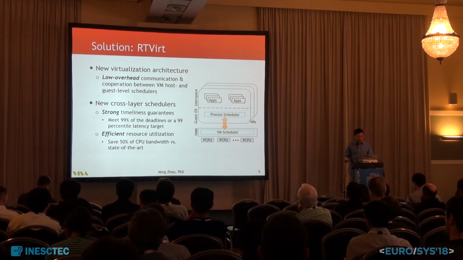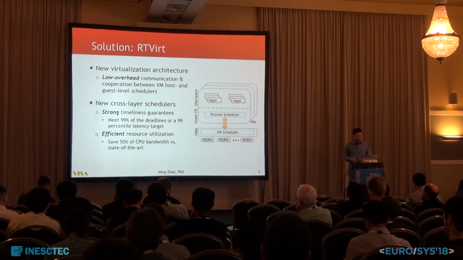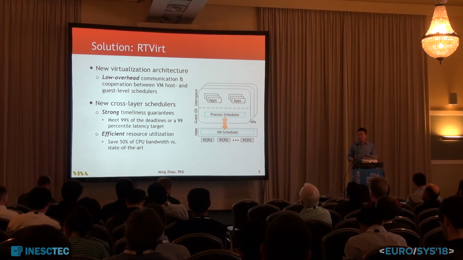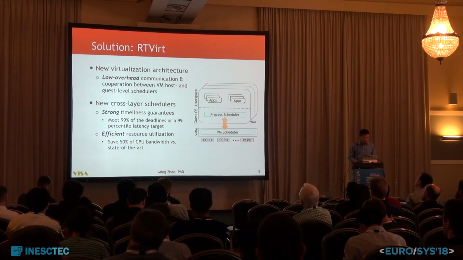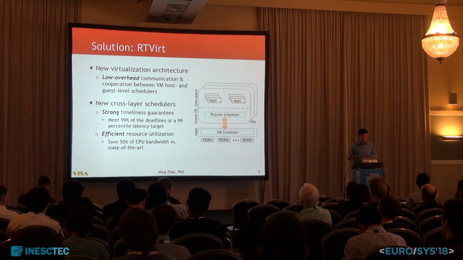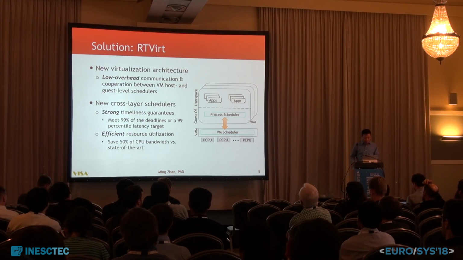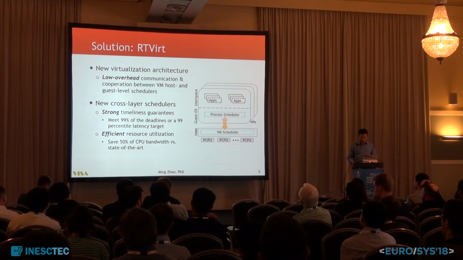Based on this framework, we also created new cross-layer schedulers that are able to work together and deliver strong timeliness guarantees. For example, we're able to meet 99% of all the deadlines or support a 99% latency target. And when we achieve these strong timeliness guarantees, we are also able to make efficient resource utilization. Compared to a state-of-the-art related work, we save up to 50% of the CPU bandwidth.